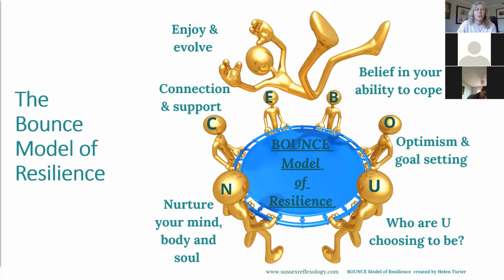So the bounce model of resilience is our trampoline bed that, when it's held taut by these 6 springs or principles, is nice and taut, and it enables us to bounce back very nicely and in a way that empowers us.